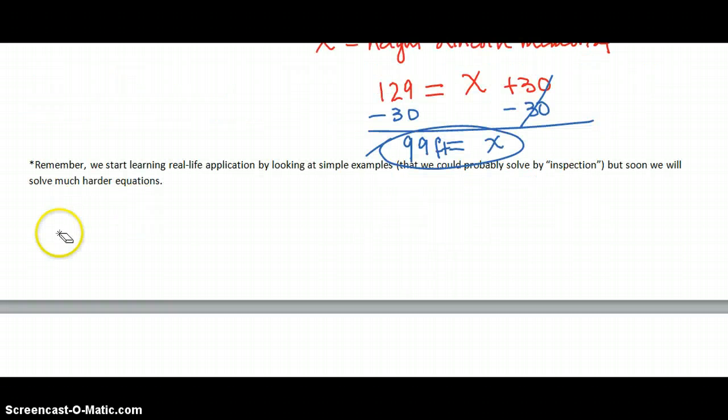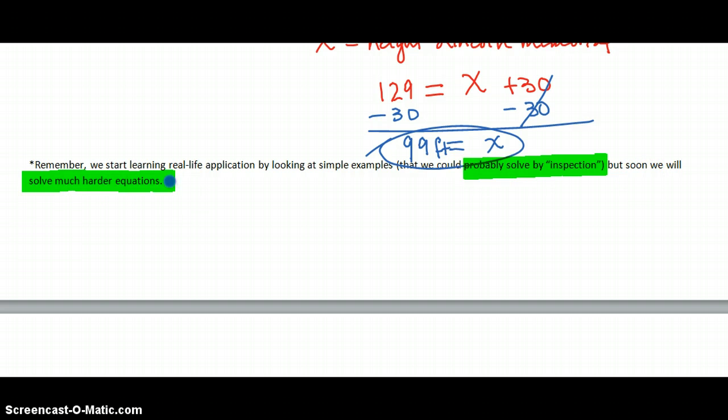And also, if you'll notice this last statement that says, remember, we start learning real life application by looking at simple examples. We could have probably solved even this Lincoln Memorial problem by inspection, but soon we are going to have much harder equations, so it's nice to practice with some easy material to help us get ready for the more complicated equations. And that's all I have for today.